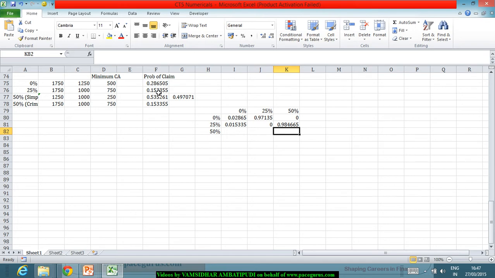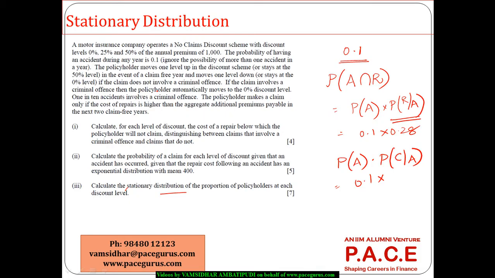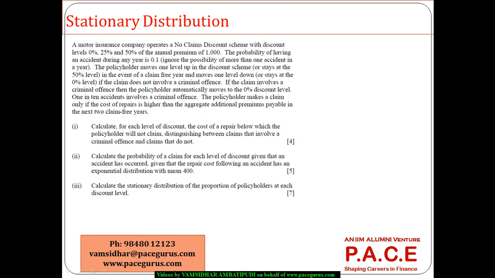Now similarly, look at a 50% person. If a person is already at 50% level, now comes the 3. The probability of an accident, and if it is an accident, probability of a criminal offense given that it is an accident, and probability of reporting given that it is a criminal offense. This will take a person from 50% to a 0% level. So probability of an accident is 0.1.